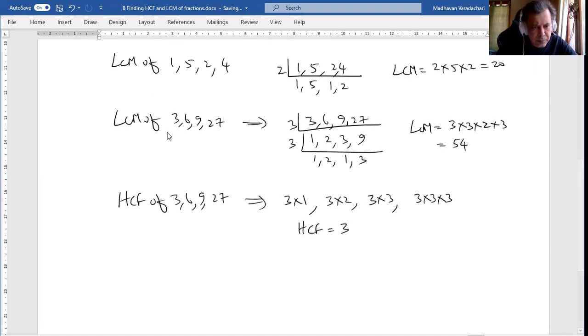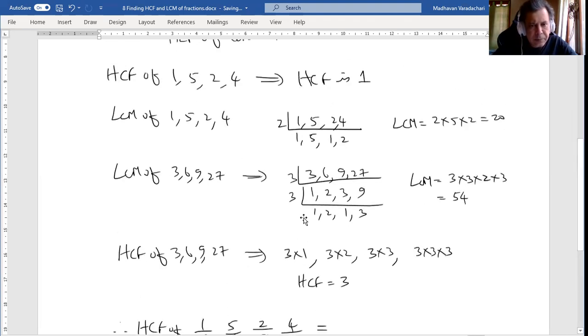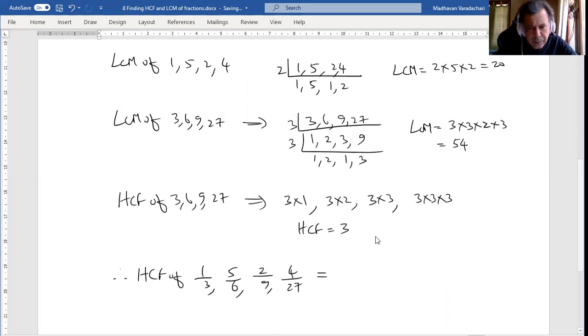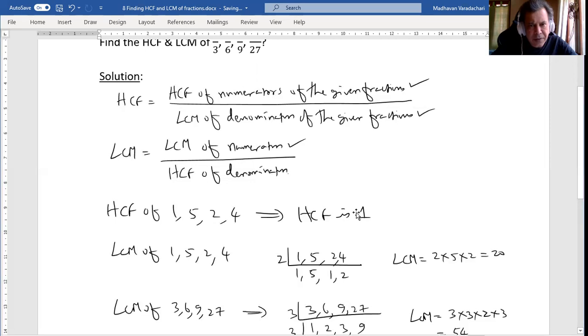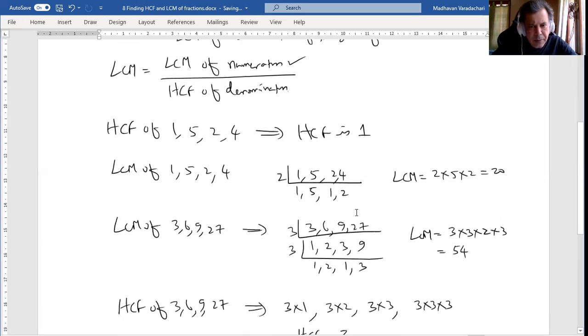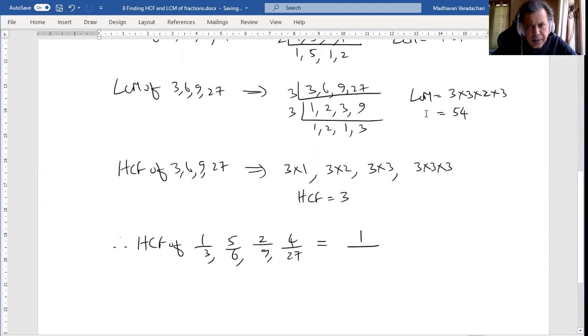Therefore, HCF of 1 by 3, 5 by 6, 2 by 9, 4 by 27 is equal to HCF of numerators, that is 1, divided by LCM of denominators. Here it is 54. So HCF is 1 by 54.